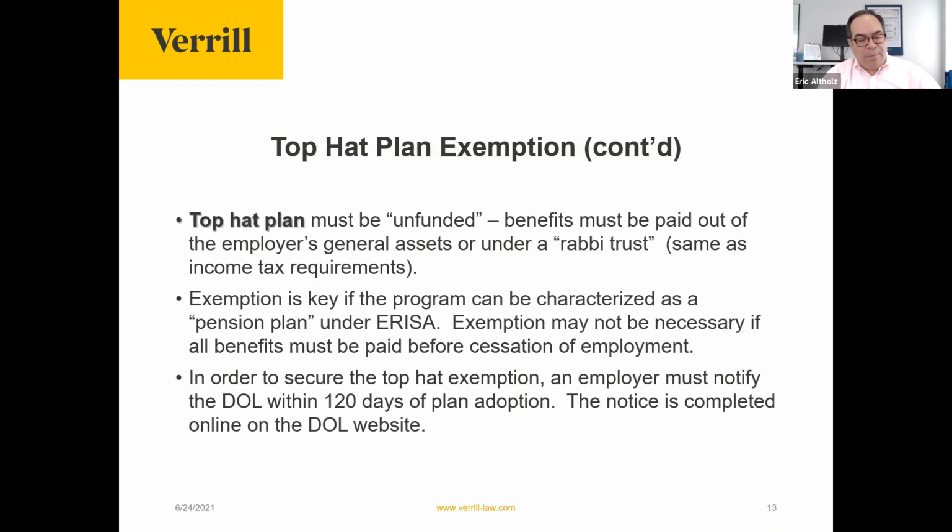To meet the top hat plan exemption, in addition to the criteria that I described, you've got to have a plan that is unfunded, and we put that in quotes because there are some lowercase f "funding" arrangements such as rabbi trusts, which are quite common in the tax-exempt context.